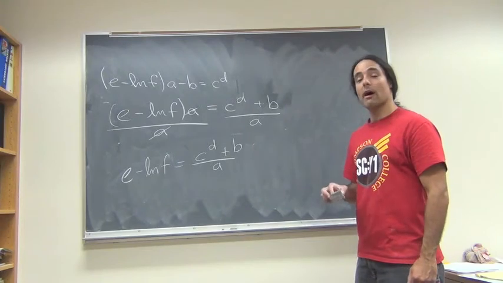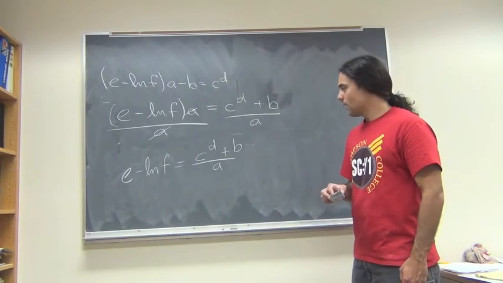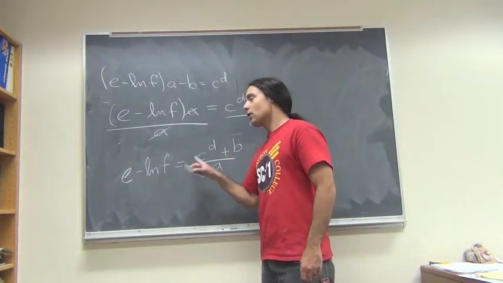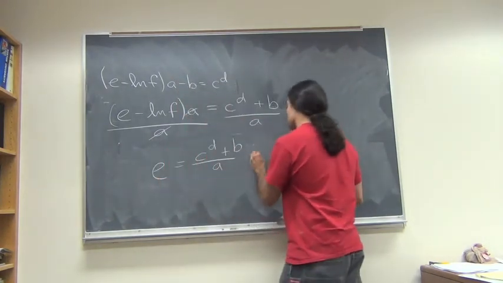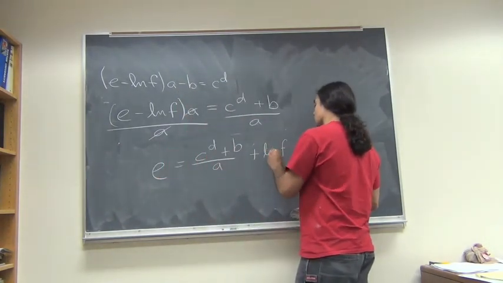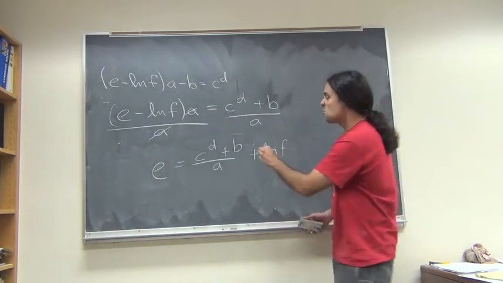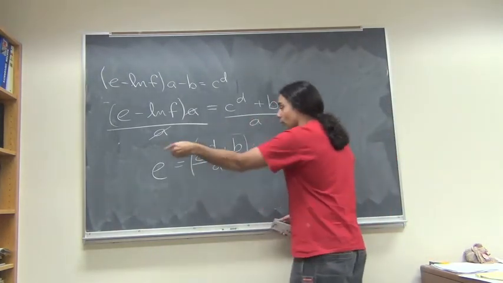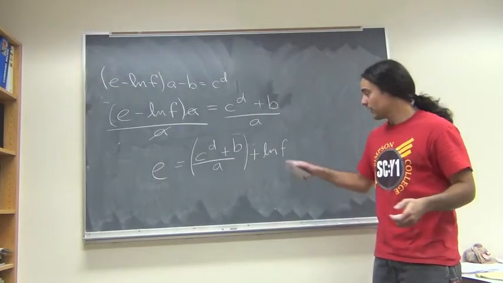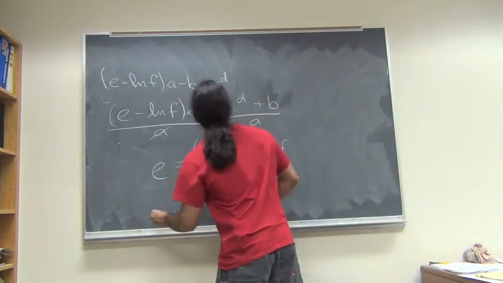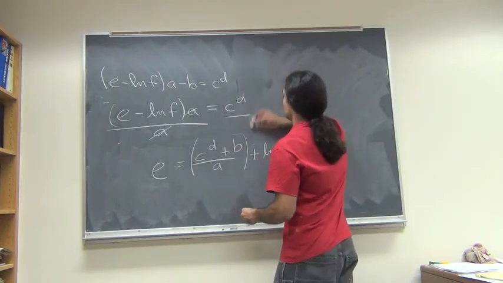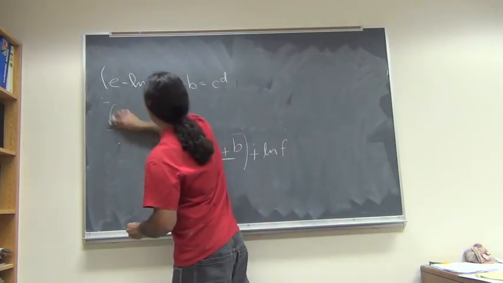I want to get log f by itself. Actually, you know what, I'm going to go back to where we were. I'm going to plus log f over here. I'm going to just move this whole thing over to the other side to be with the e so that I can get log f by itself. So I'm going to go up over here.